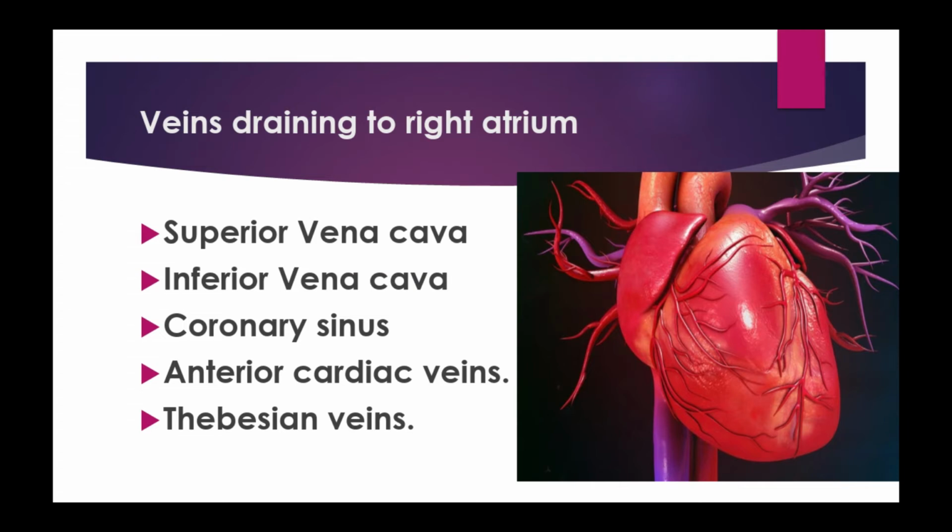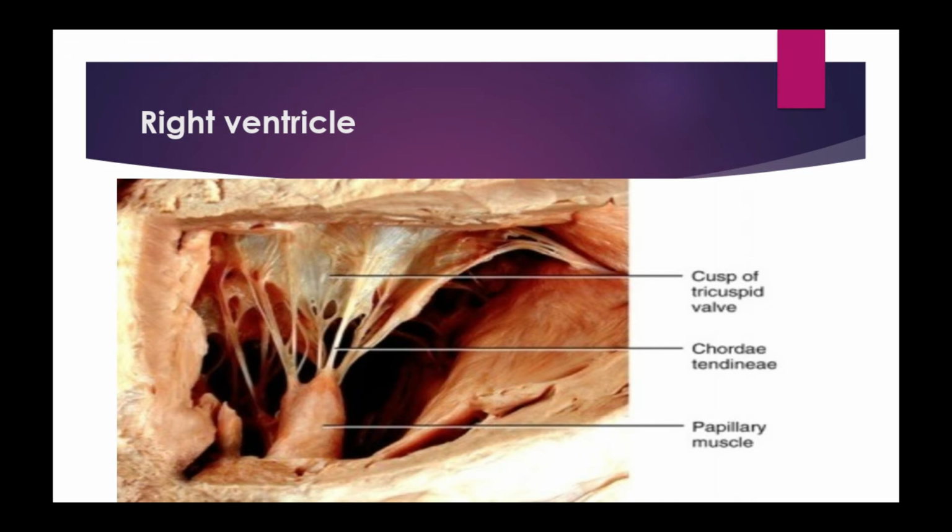So next is the right ventricle. The right ventricle forms the inferior border and a large part of the sternocostal surface of the heart. It is a triangular chamber.